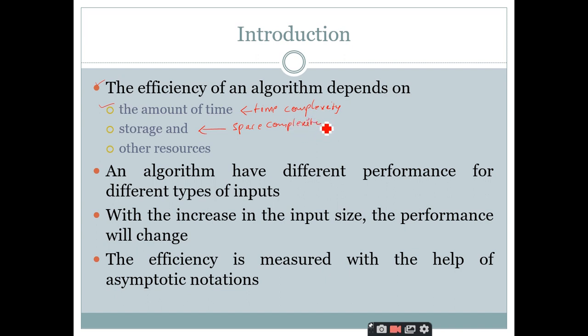Can anybody tell me what these other resources are? Mainly we have time complexity and space complexity, but what are the external factors? We have discussed it recently. Please respond. Just now we have discussed these things.